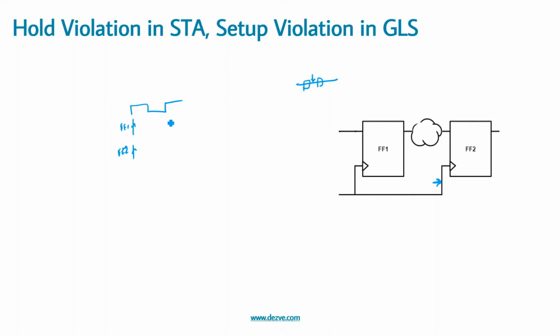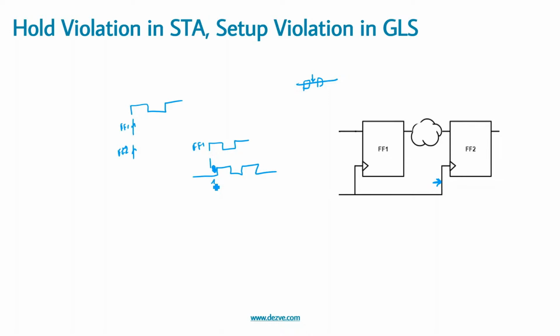So what would happen in this case? Suppose this was the actual clock on FF1, because of the skew FF2 would see a clock here, correct? Now the change from FF1, because there is no combo path here, would reach in between this boundary at FF2.